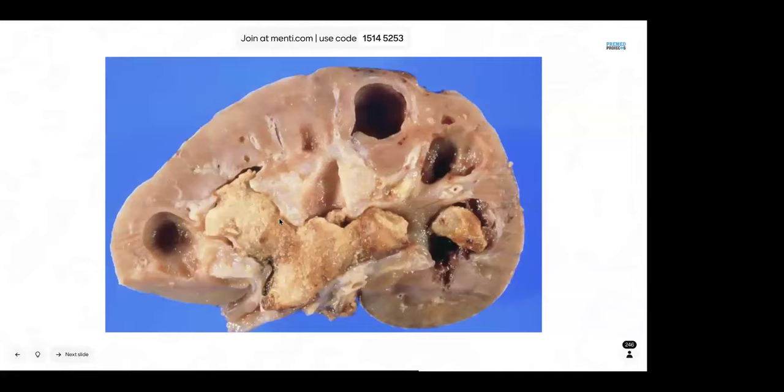And this is what a stone looks like. Can you guys see? I know you guys have done gallstones in the previous session, but these are what kidney stones look like. Can you guys see this is what a kidney looks like? And can you see this bit here? This is a very special type of stone called a staghorn calculus because it looks like a staghorn.